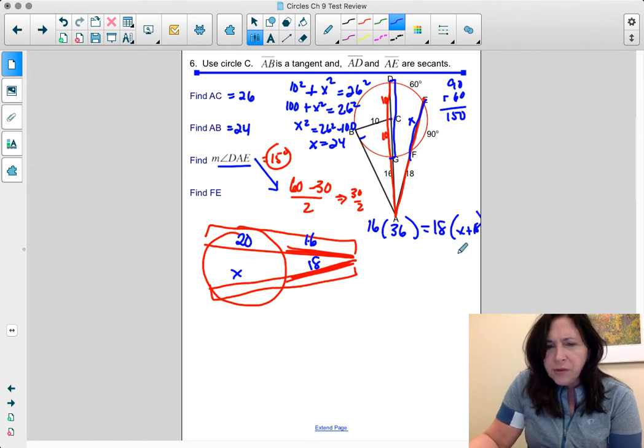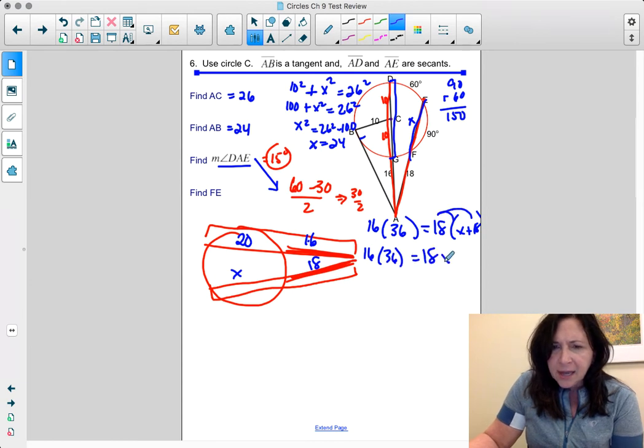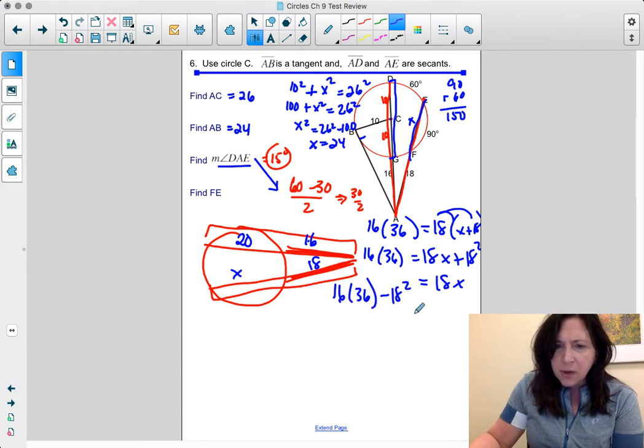So for this problem, you've got 16 times 36 is equal to 18x plus 18 squared. Your job is to find x. So 18x is equal to 16 times 36 minus 18 squared.